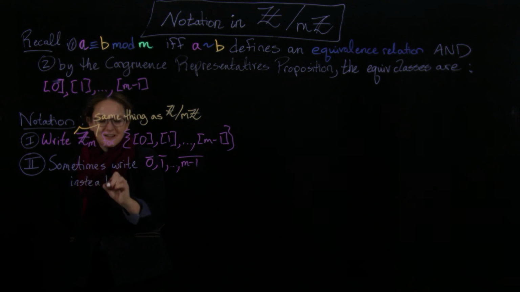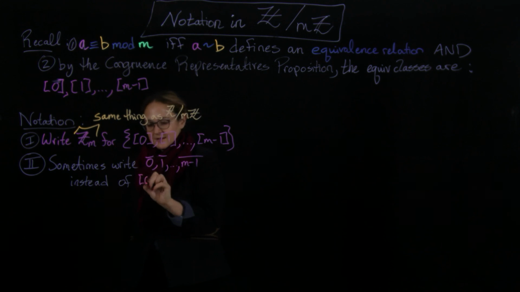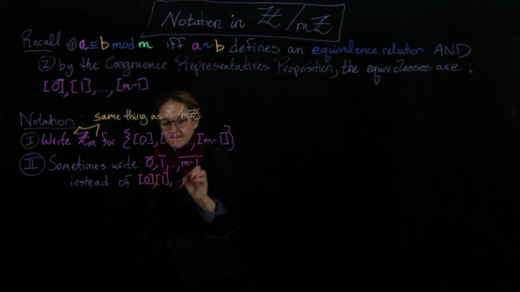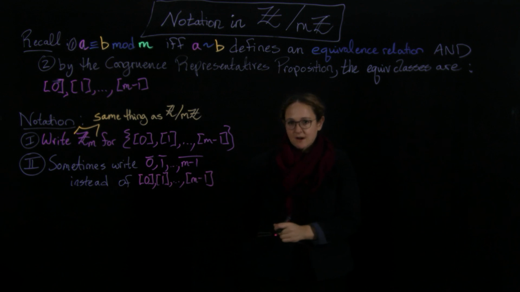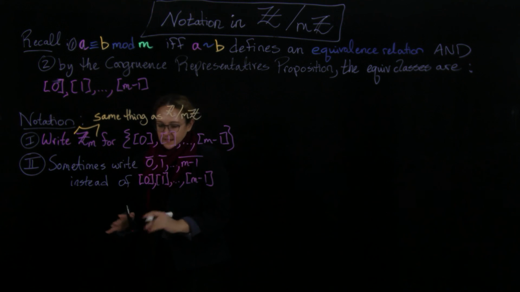I'll write it on top or below, which is often easier for your eyes to connect up. So we're replacing these two side brackets with a bar over the top, so that's just some notation.